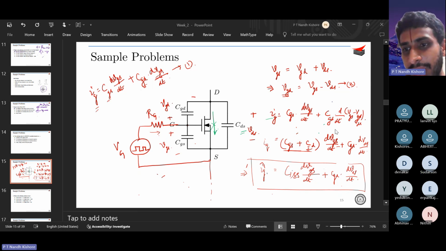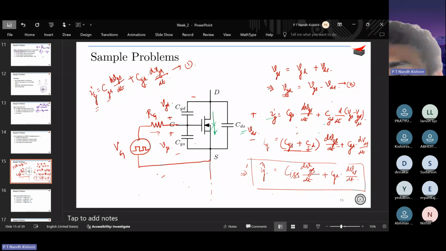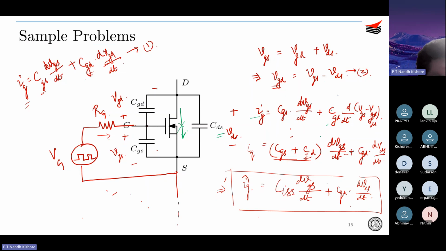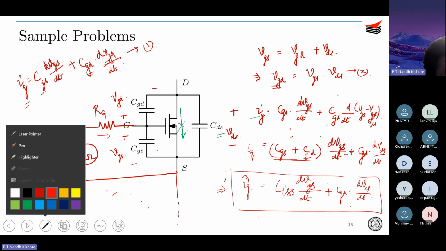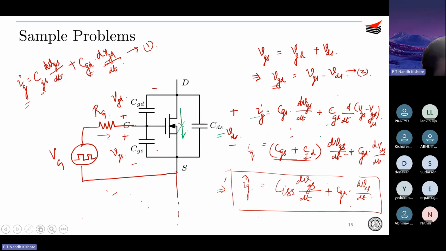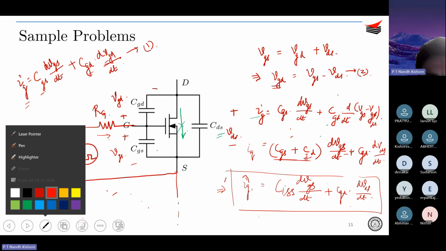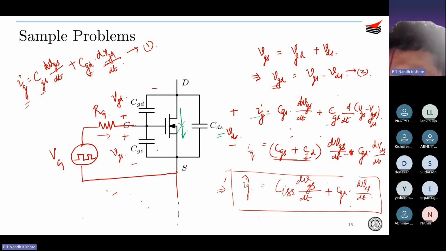Oh, sorry. Thanks for pointing that out. It is minus. So IG is CISS into dVGS by dt minus CGD into dVDS by dt. You can have this as equation number 3.